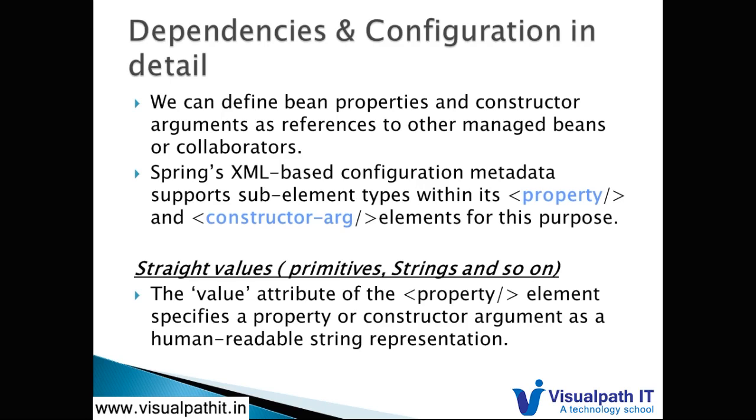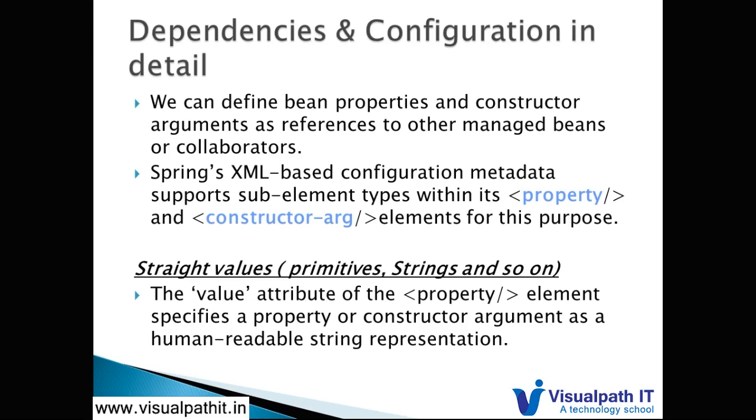So, how does that dependency and configuration happen? Let's get into it. We can define the bean properties and constructor arguments as references to the other managed beans or the collaborators. We already saw there is a connection between each and every application object within the core container.